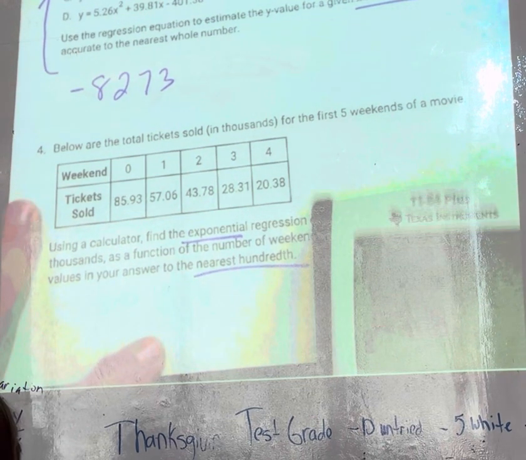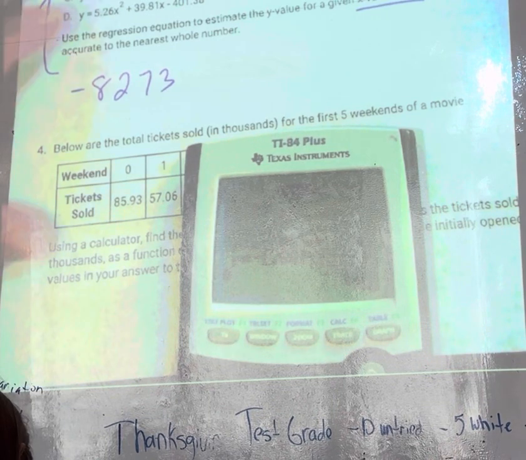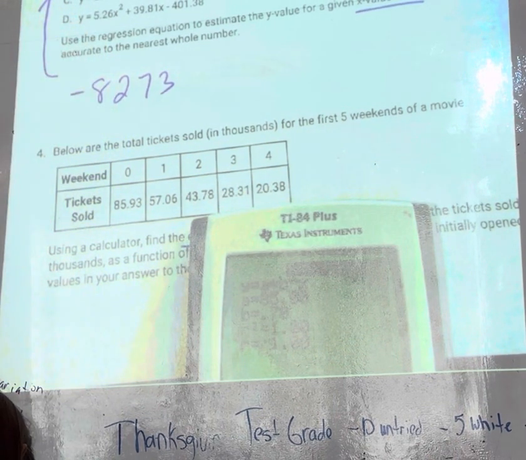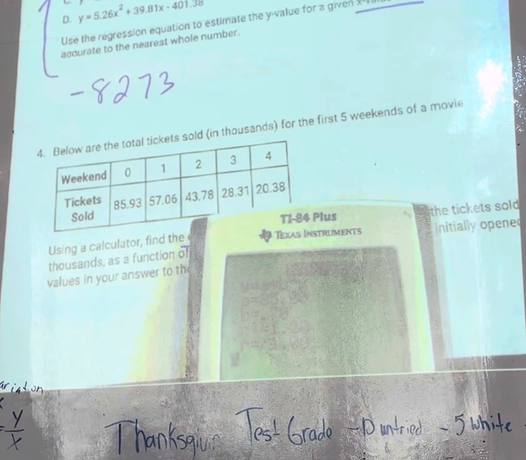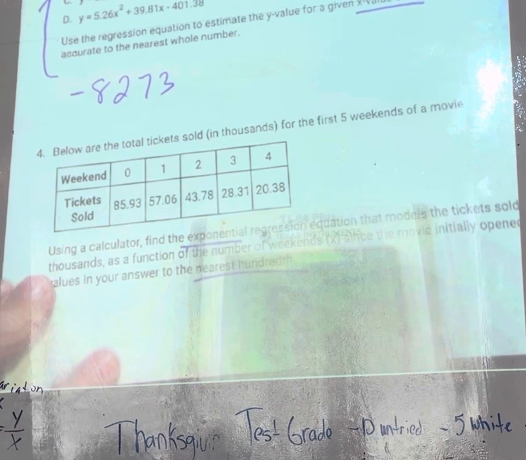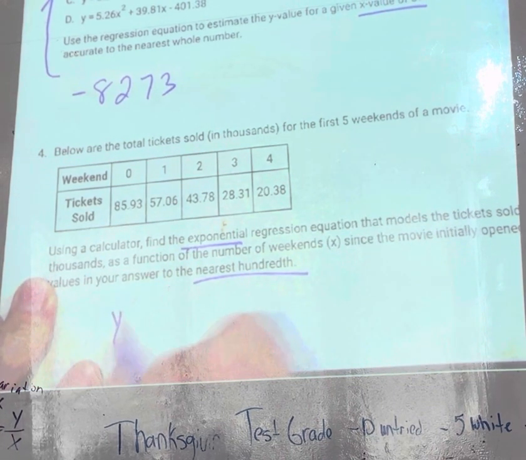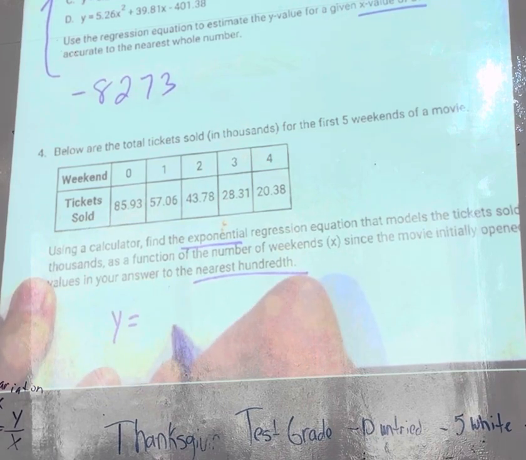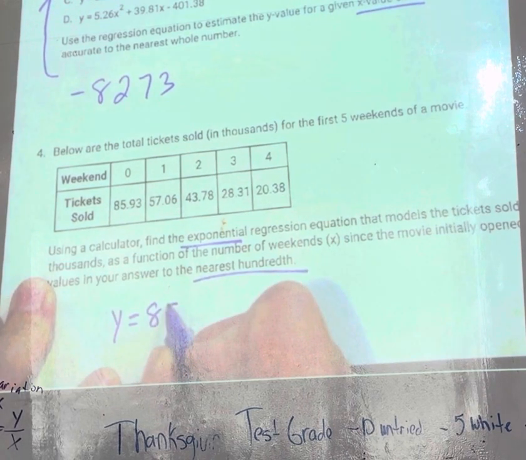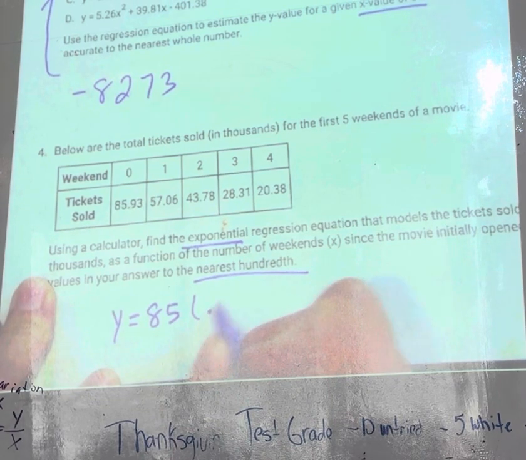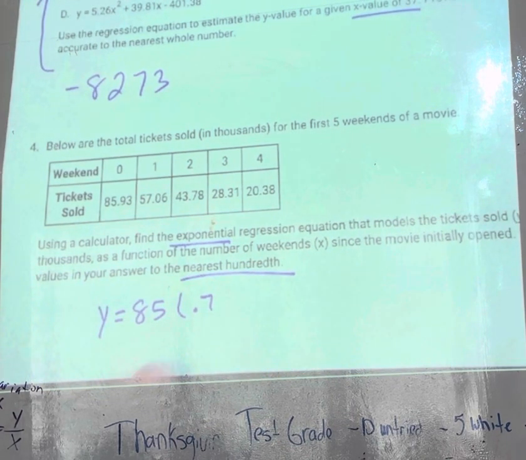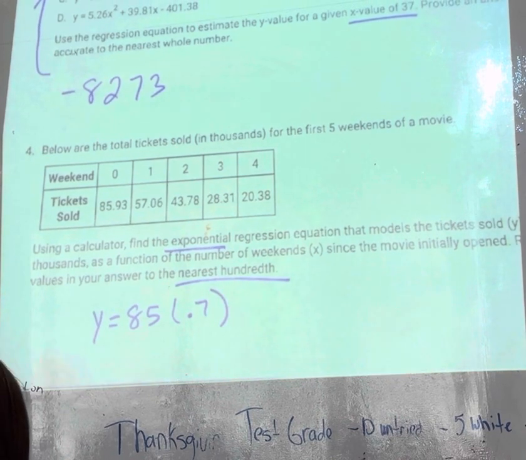Okay, so reminder, let's see if I can get it where you can see on that top line, you have the format of the equation, y equals a times b raised to the x. So you would type in y equals, what's my a? 85. 85, and open parentheses, 0.7, you can put the 0 or not, and what am I missing?